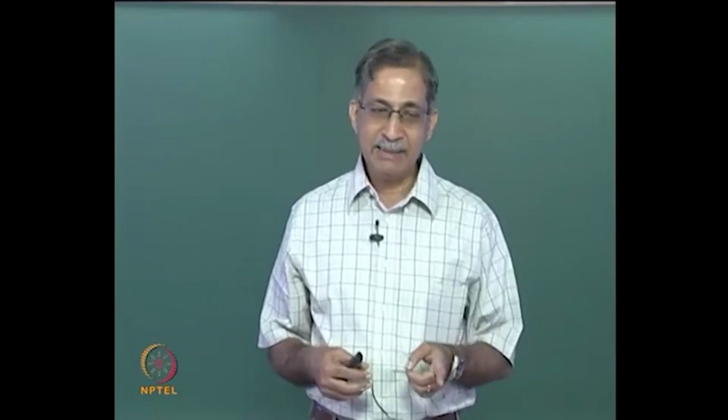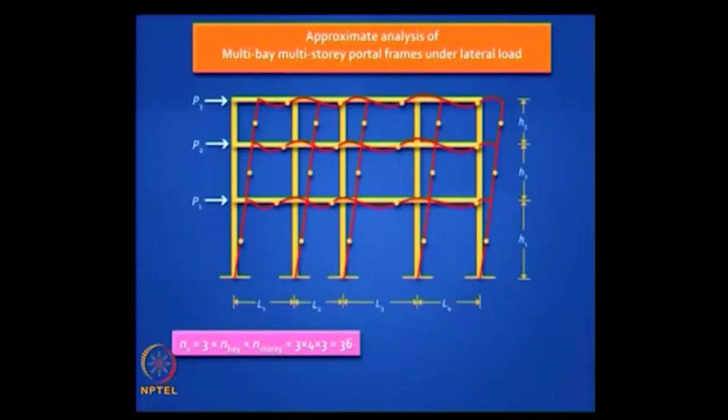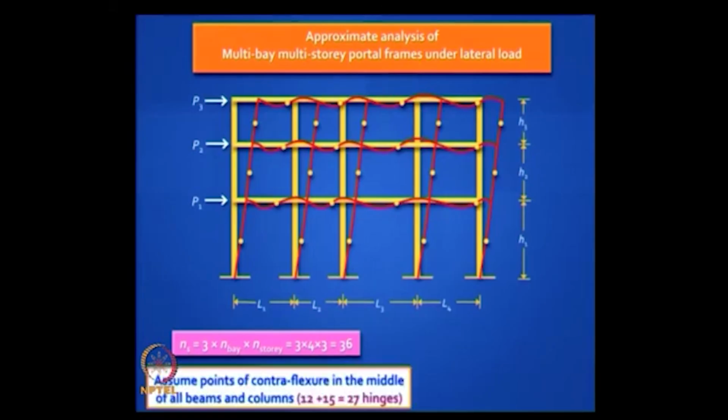You can see that the indeterminacy can be generalized. If you have n bays and n stories, then the total indeterminacy is 3 times n bay times n story, which in this case is 3 into 4 into 3, 36. If you bring in those hinges, the points of contraflexure which are internal hinges, you get 12 in the beams and 15 in the columns, you get 27.